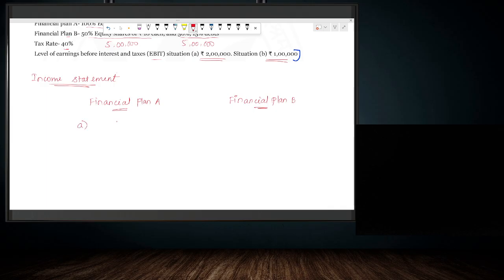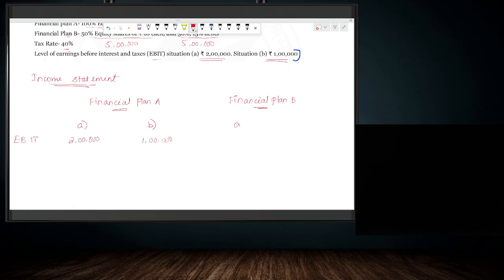Situation A is that the company can have an EBIT of how many rupees? 2 lakh rupees. And within plan A we have another situation where the company can have an EBIT of only 1 lakh rupees. So write down, this is nothing but EBIT.